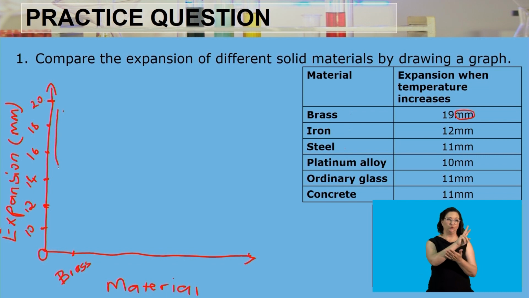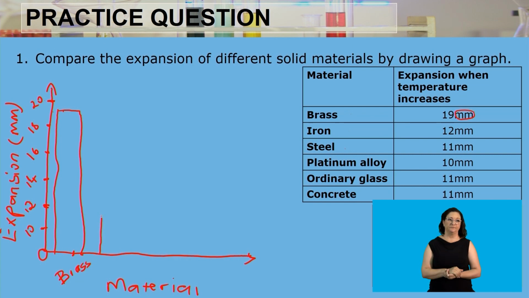So we have our bar there, and that's our brass. And then we have iron. Our iron goes all the way up to 12 millimeters. So 12 is somewhere there. This is our iron.